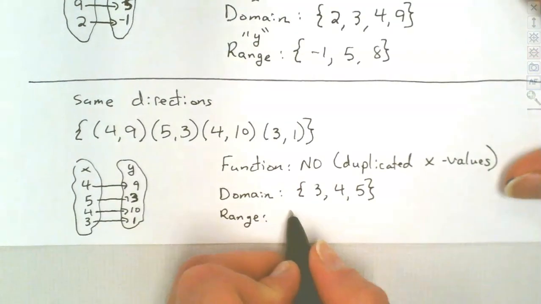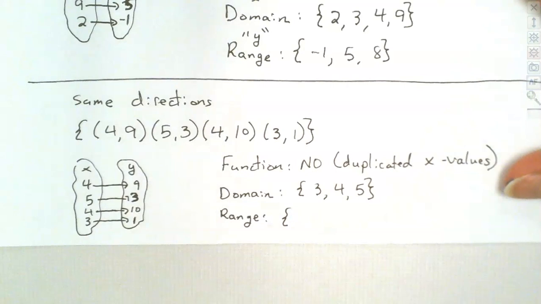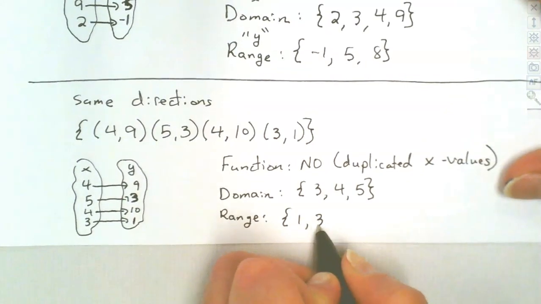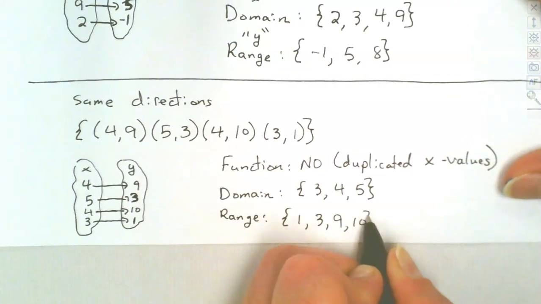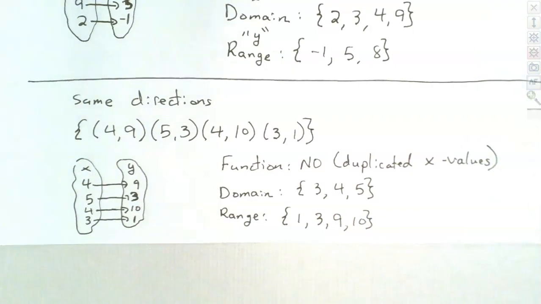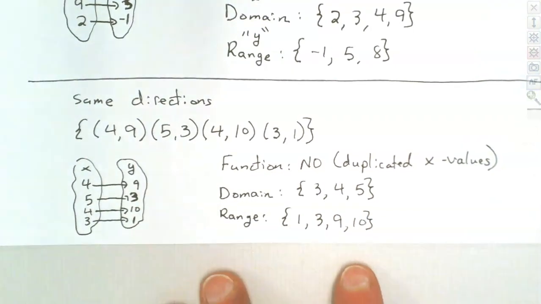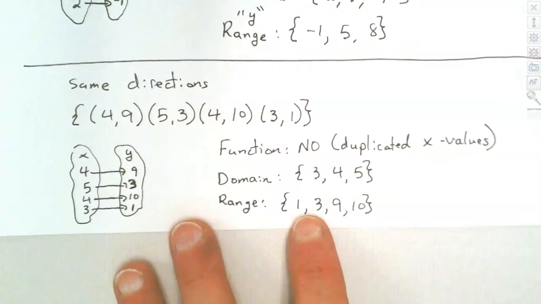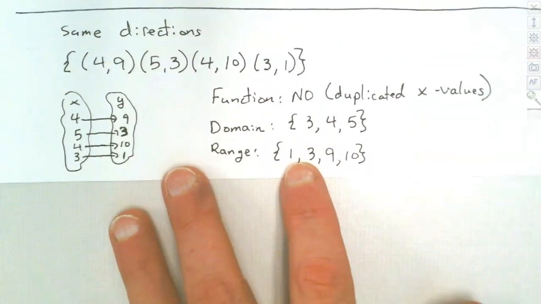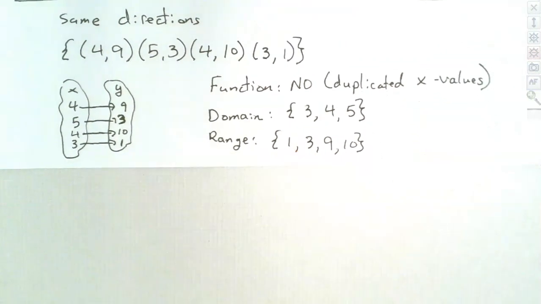What about the range, the y values? Well, it looks like 1, 3, 9, and 10. So same directions as above. We said that this is not a function. We got our domain and our range.